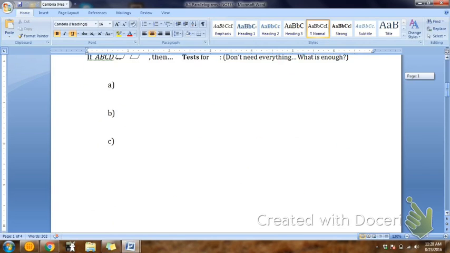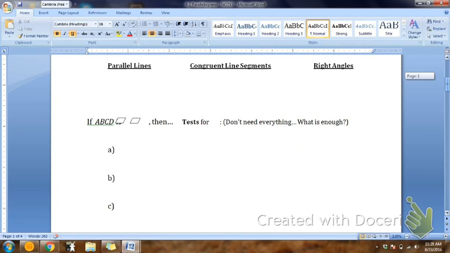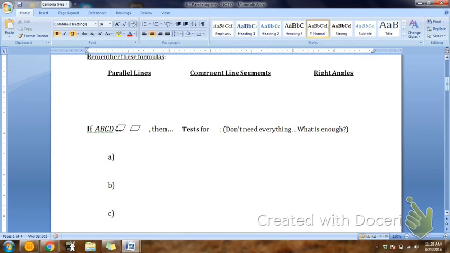Okay, so if we look at these formulas, they might ask us, are the lines parallel? Do you guys remember how we know if lines are parallel, besides just looking at them? How do we know if 2 lines are parallel? What do they have in common? Same slopes, right?